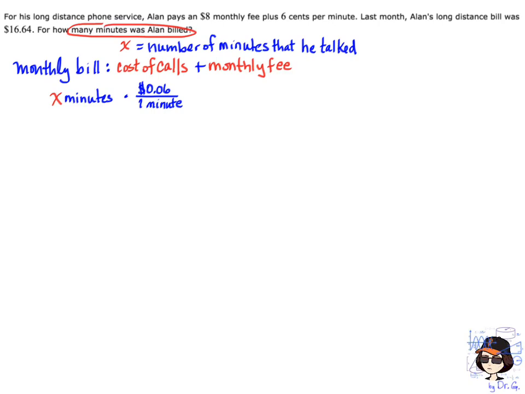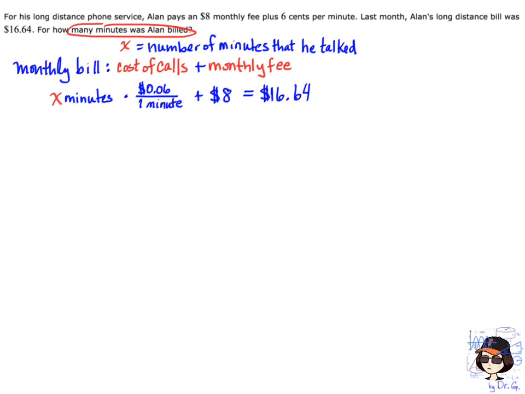So setting it up like this is helpful visually to see that the units are going to cancel correctly. Okay, so that's the total cost of his calls, X minutes times 6 cents per minute. And then we have to add to that the $8 monthly fee. And all of that last month totaled $16.64. Okay, so there's our equation.